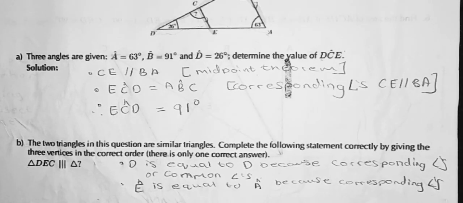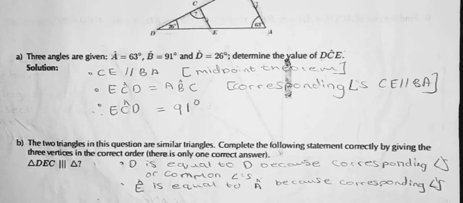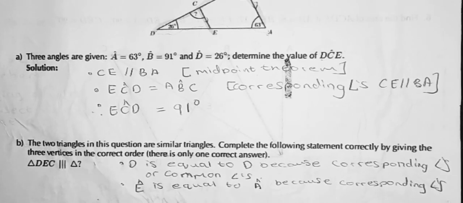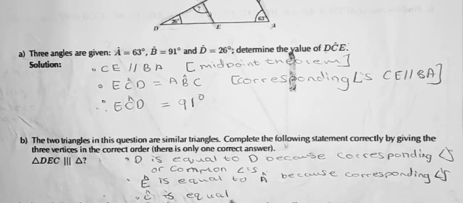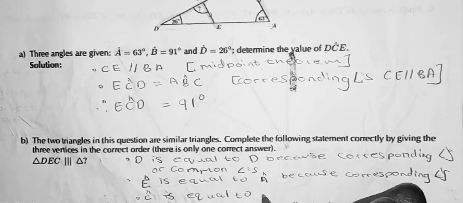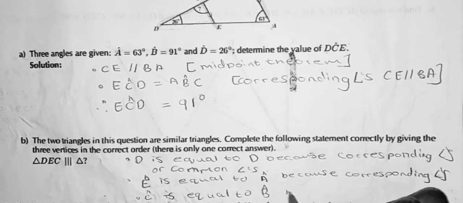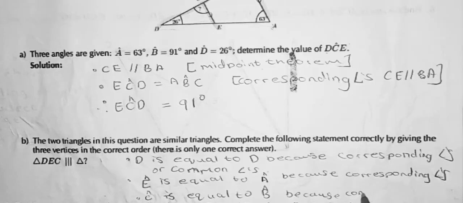And you're going to say that angle C is equal to angle B because of corresponding angle.